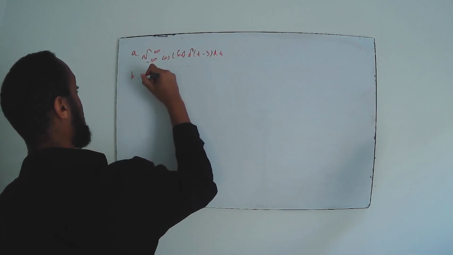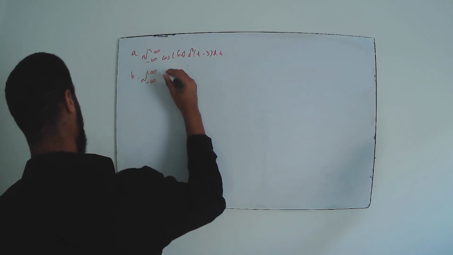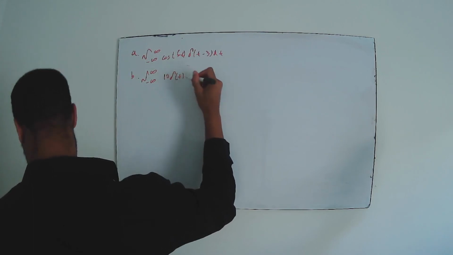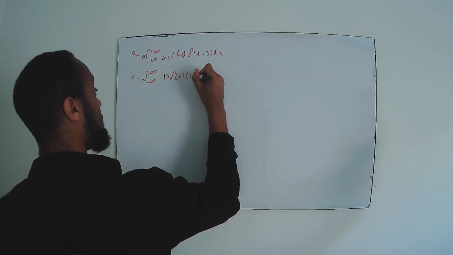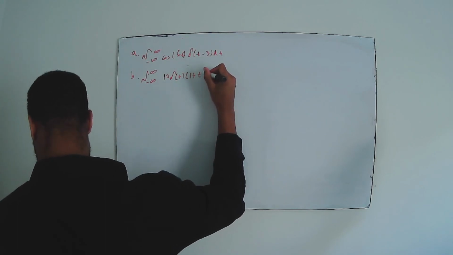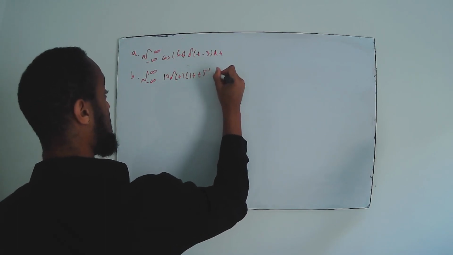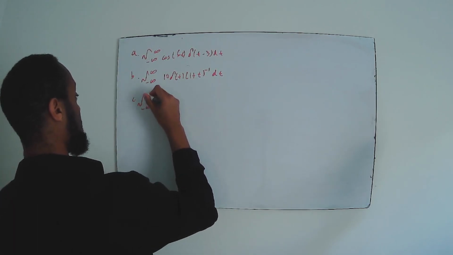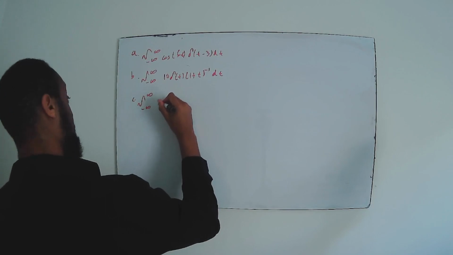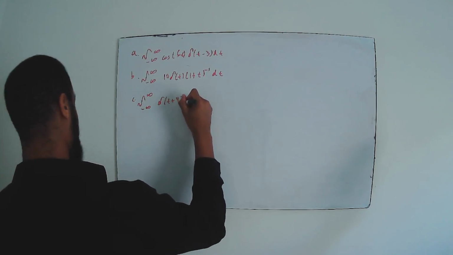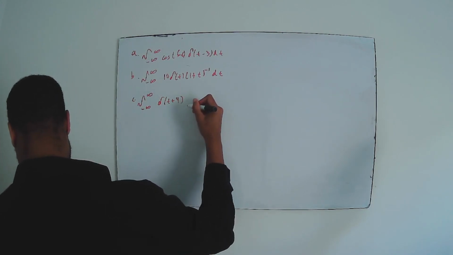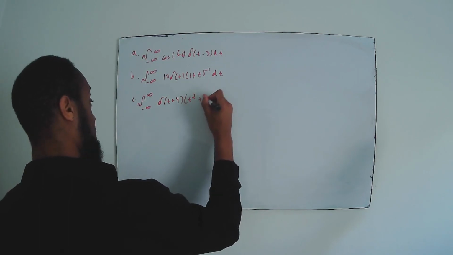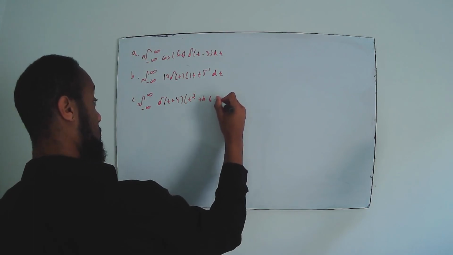And then B is going to be the integral from minus infinity to infinity of 10 times delta of t times 1 plus t to the minus 1 dt. And C is going to be the integral from minus infinity to infinity of delta of t plus 4 times t squared plus 6t plus 1 dt.